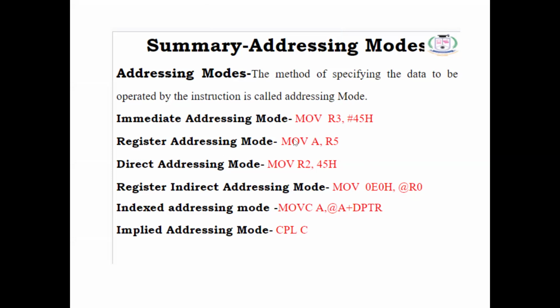Register addressing mode: I told you that moving between two bank registers is not possible. I can move data from a bank register to the accumulator or from the accumulator to a bank register. Direct addressing mode: I directly specify the address. So remember, hash for immediate addressing mode, at for indirect addressing mode, at plus symbol for indexed addressing mode, and for direct addressing mode I directly specify the address.